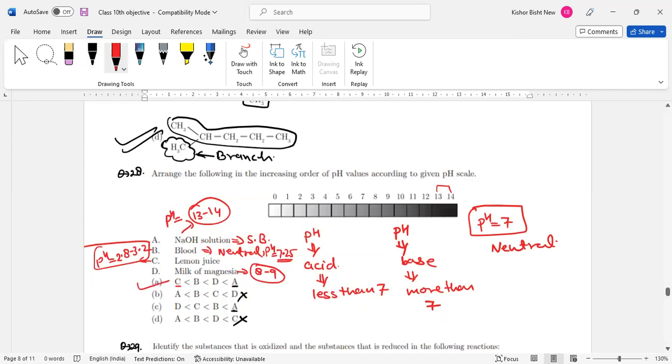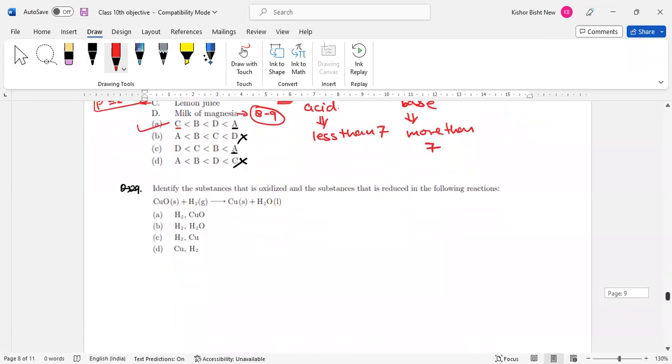Now come to the next question, number 29. Identify the substance that is oxidized and the substance that is reduced in the following reaction. The reaction is CuO plus H2 gives Cu plus H2O. So here, which is the oxidation and which is the reduction?